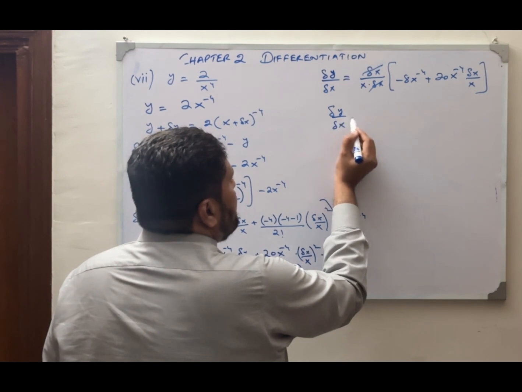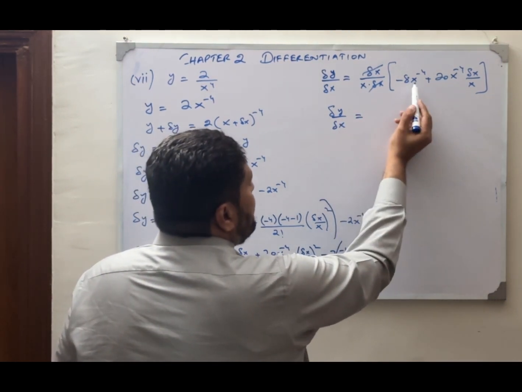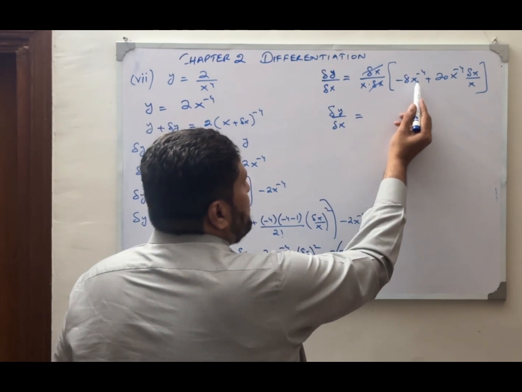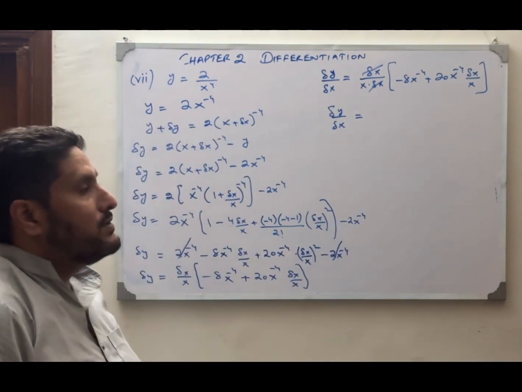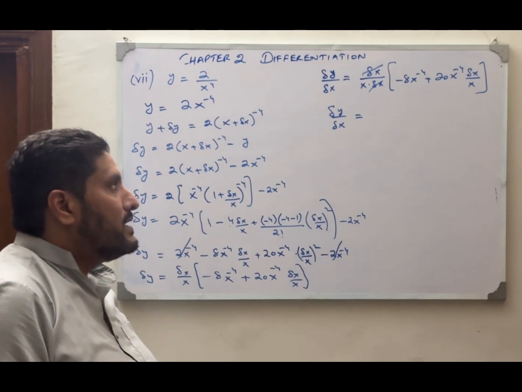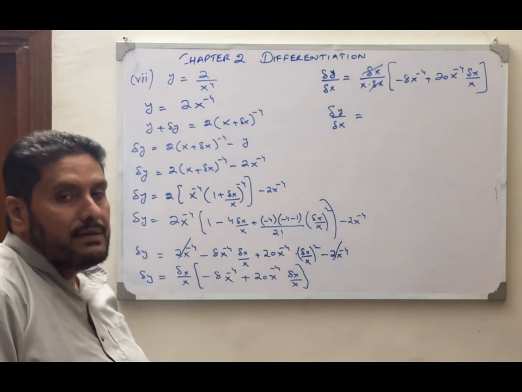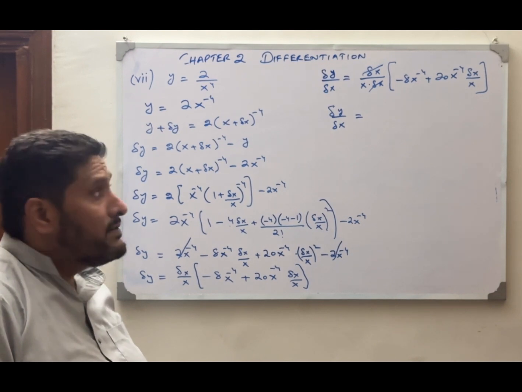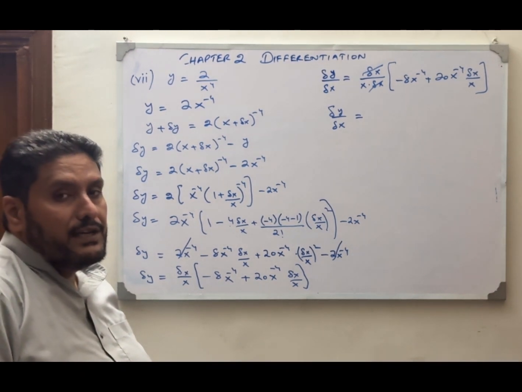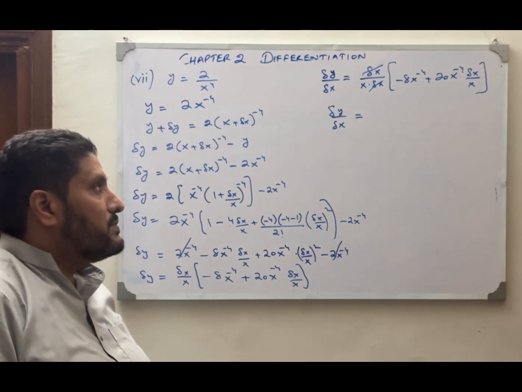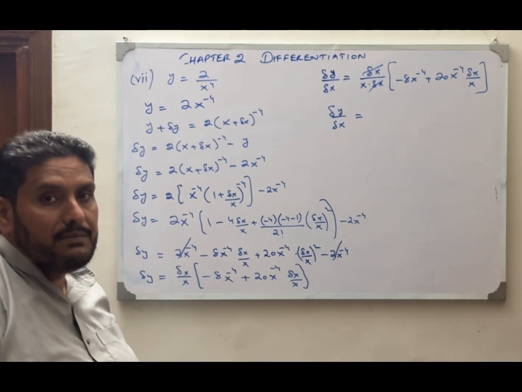delta y by delta x is equal to, we have one x remaining over here. Multiply this one with this value, that can be written as either, if we take it into the numerator, minus 8x power minus 4 into x power minus 1, that will give us minus 8x power minus 5. Or if we take x power minus 4 in the denominator, that will become x power 4, and when x power 4 is multiplied with x, that will become x power 5.